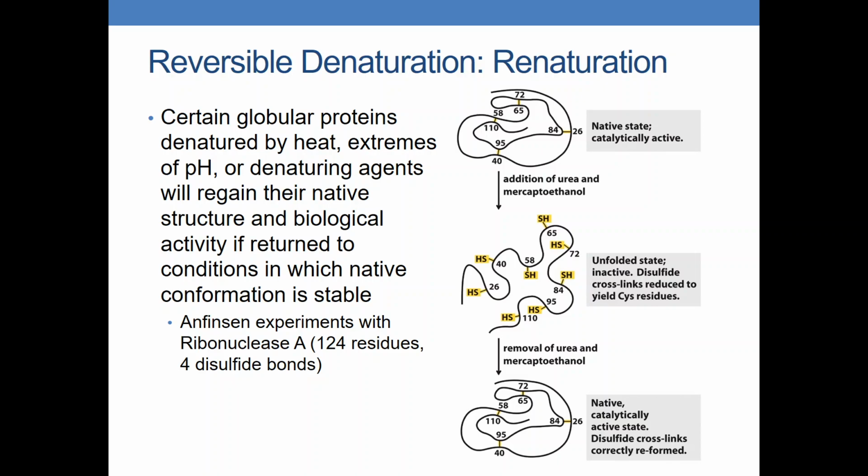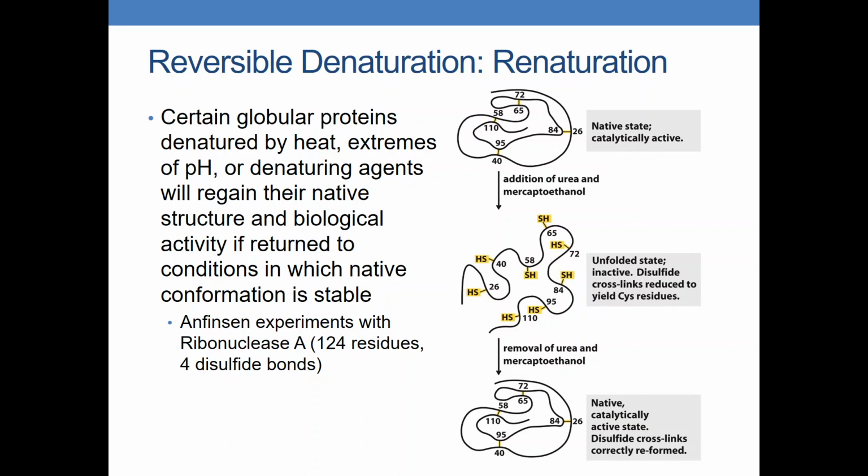Well, the lesson that was taken away from this experiment, as well as many others, is that the native structure, the tertiary structure for your protein, is determined solely by the amino acid sequence for your protein. All of the amino acids present in the sequence dictate the final structure for your protein.